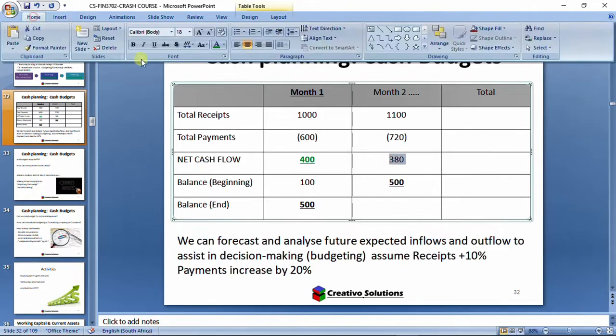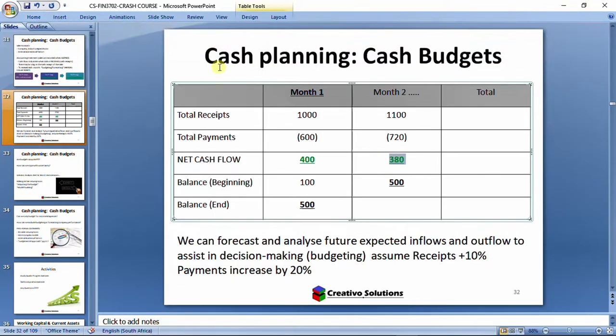Is that good cash flow or bad cash flow? It's good. So what's the cash flow at the end? It's 880. Perfect. Obviously that would continue in month number 3. This end balance will be the starting balance for the next month. Do you agree? Yes.